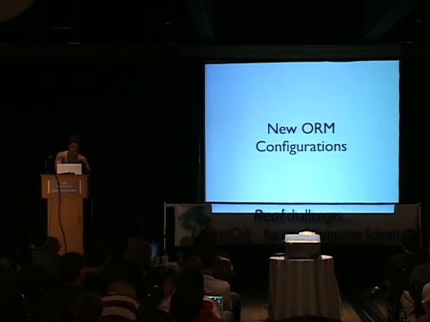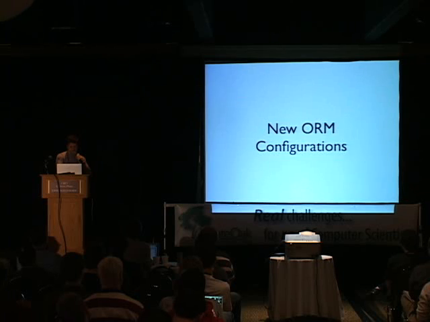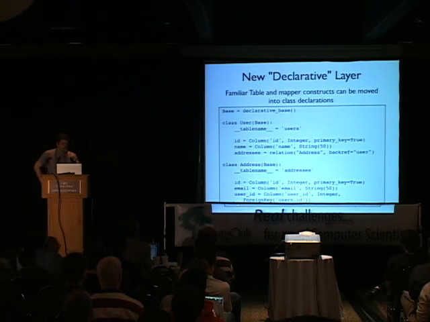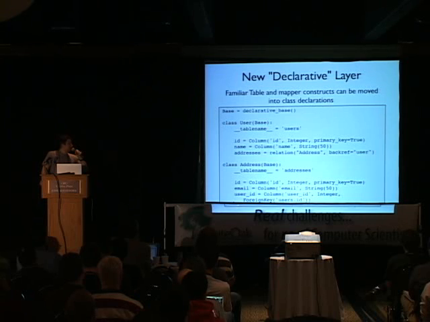ORM configurations. In SQLAlchemy 0.4, we have just introduced this. For people who do not use Elixir, we love Elixir, and we want people to keep using it, but not everyone uses Elixir. We still have the need for a way for people to have a less verbose declarative style of writing their mappings.